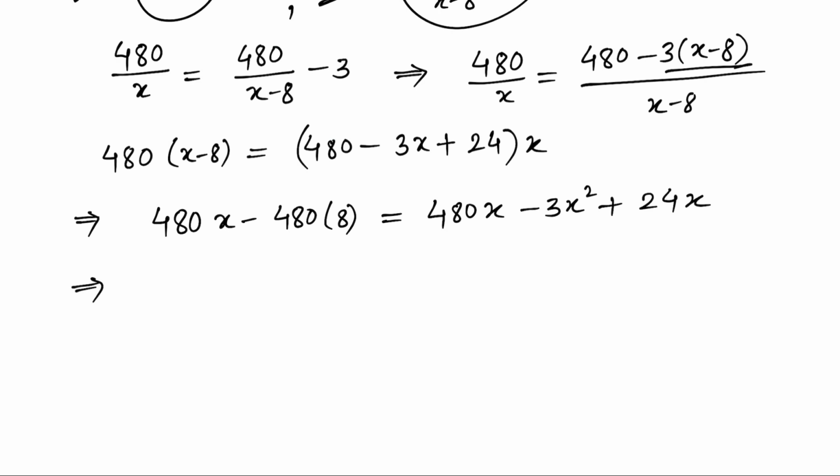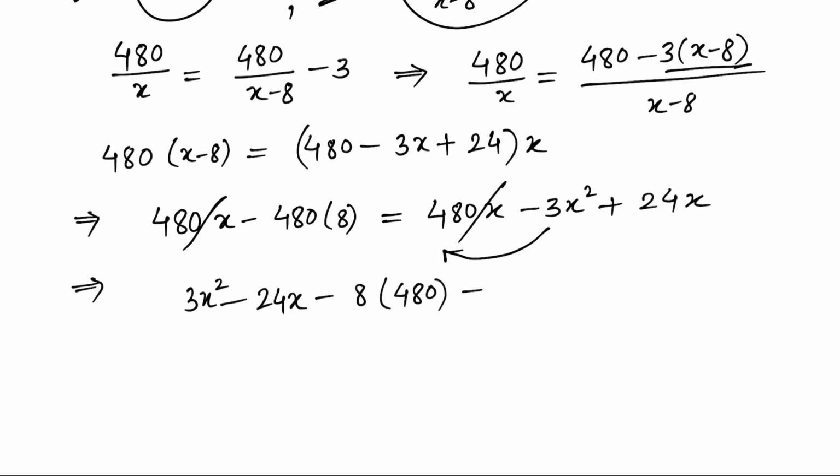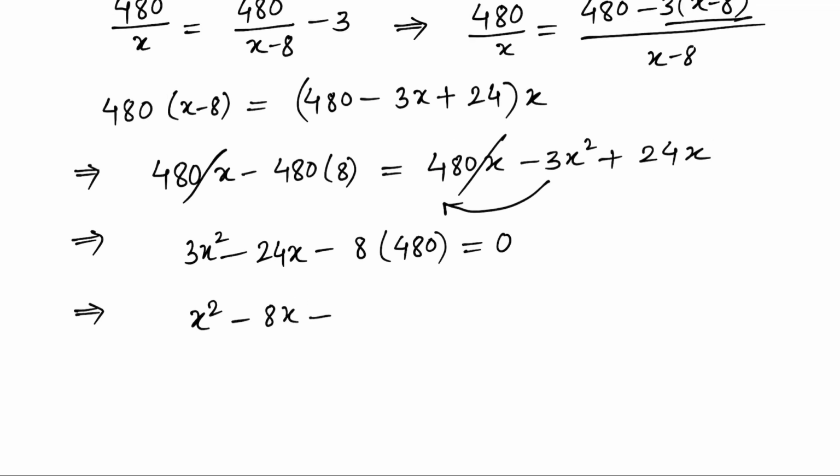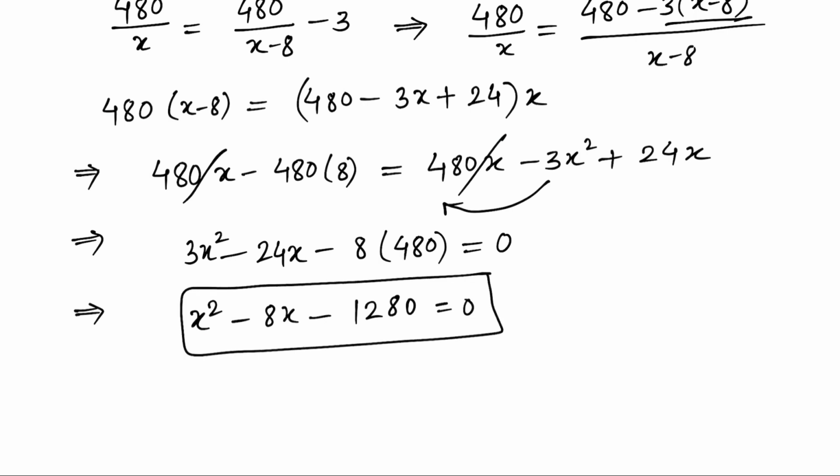So we can cancel this and take this here. So it is 3x square minus 24x minus 8 times 480 is equal to 0, right? So just divide it by 3 throughout this equation. So we get x square minus 8x minus 1280 is equal to 0. So this is the required quadratic equation.